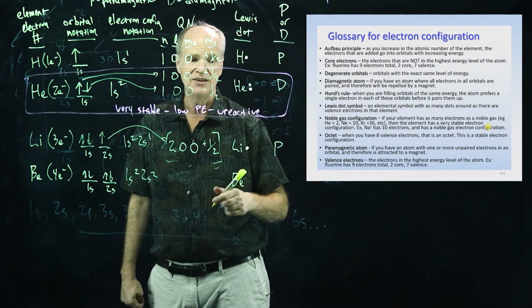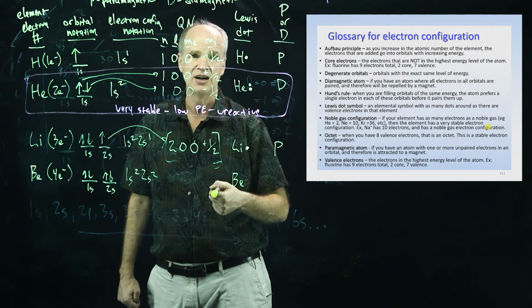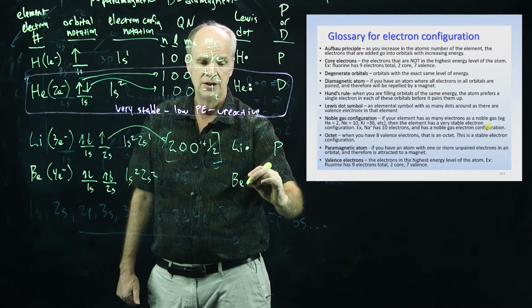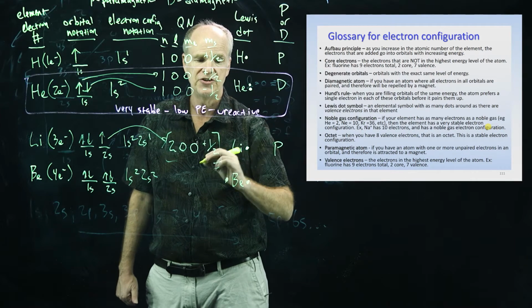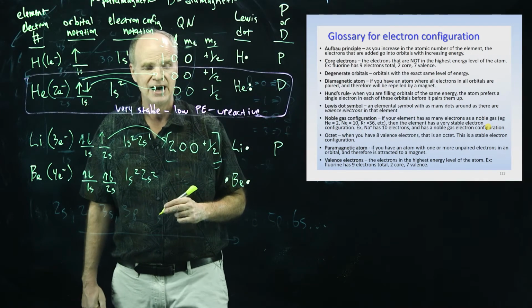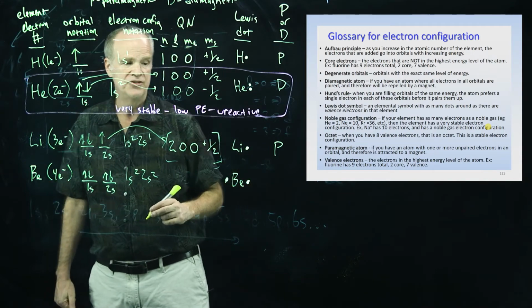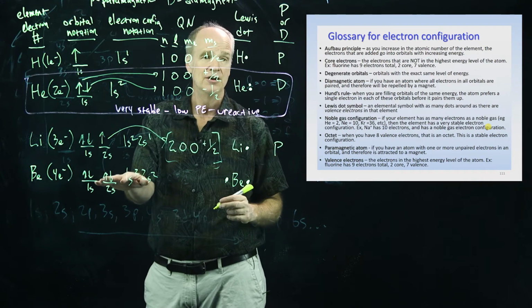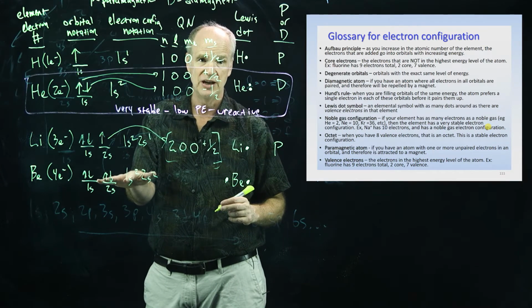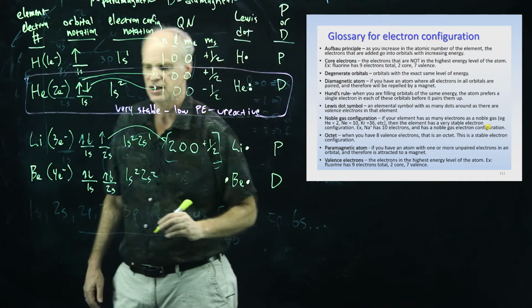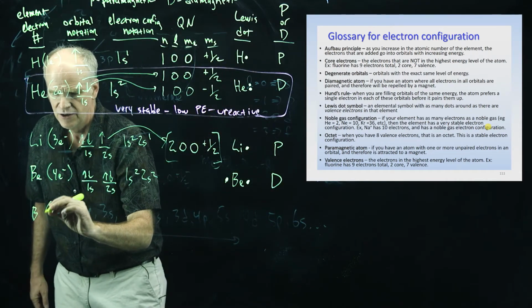So to indicate that there are 2 electrons in the highest energy level, but it's a relatively unstable atom, I'm going to put 2 electrons there like that. Okay, so is it paramagnetic or diamagnetic? You can see that all the orbitals with electrons in them have a pair of electrons, so it should be diamagnetic. Okay, so the next one is boron, 5 electrons.